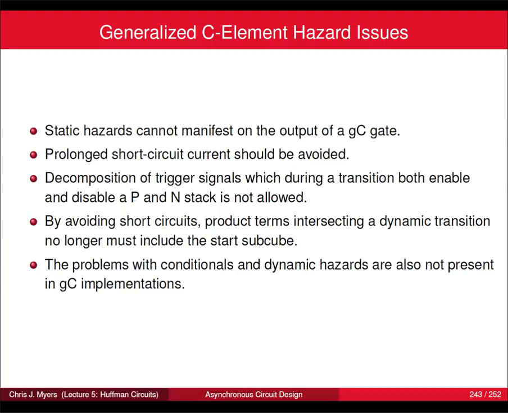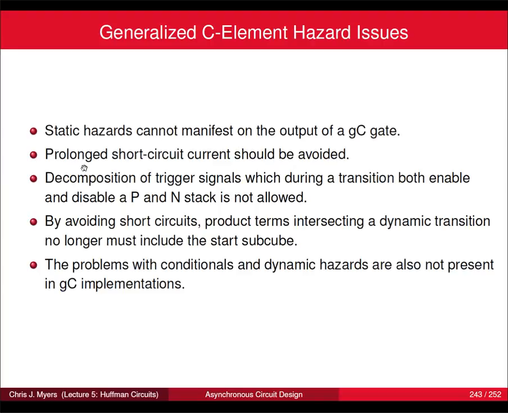Remember, that's where static hazards happened: one product was turning off and the other one was turning on, and the one that was turning off turns off too fast. But because it's not the stack's job right now to hold it, it's the weak feedback that holds it, there are no static hazards. So GC gates have absolutely no static hazards.